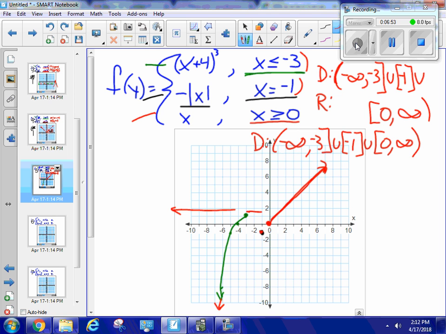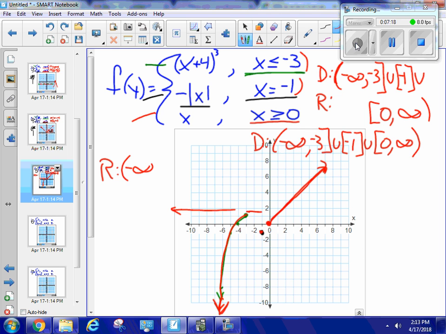Well, let's take a look at the range. I'm going to do it over here. Again, on my green function, I am going all the way down here to negative infinity. So I'm starting down at negative infinity, and my green function carries me all the way up to positive 1.